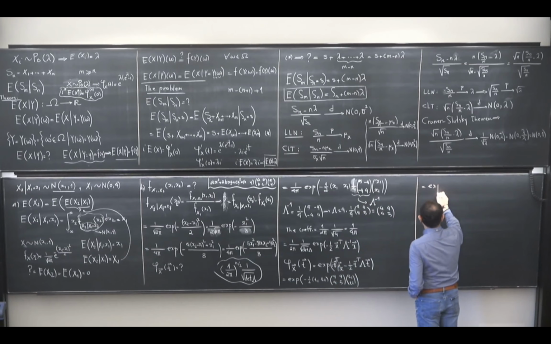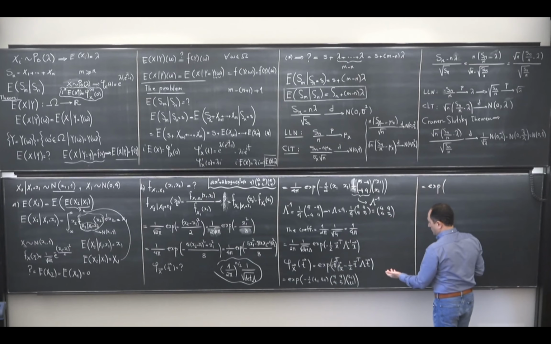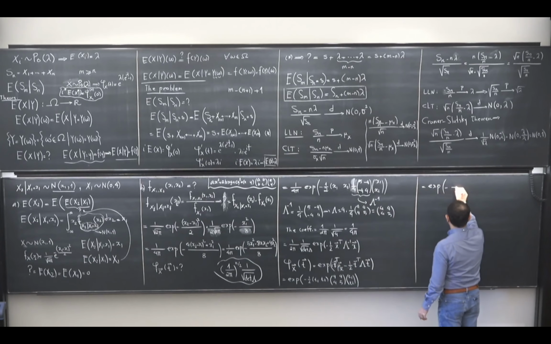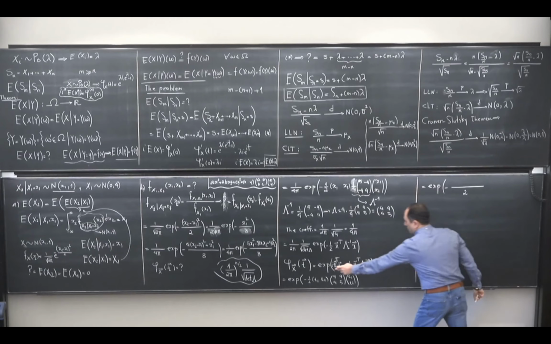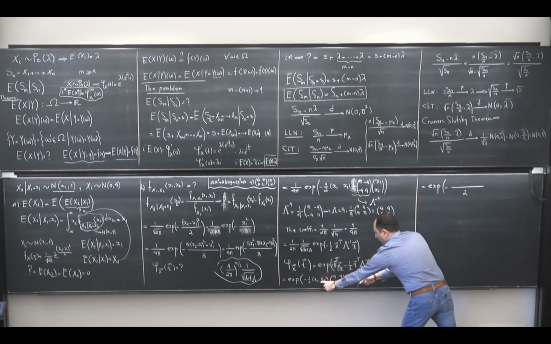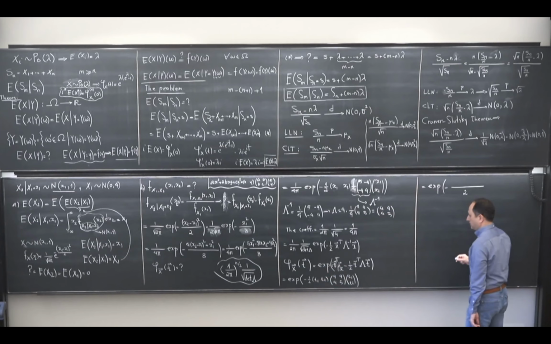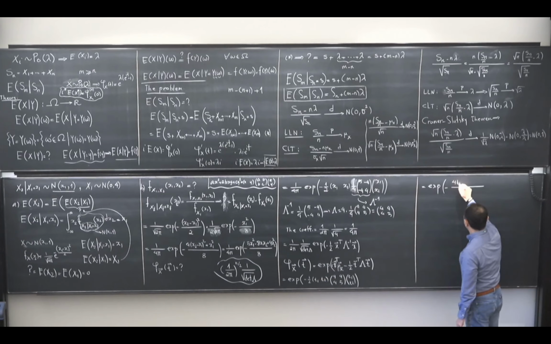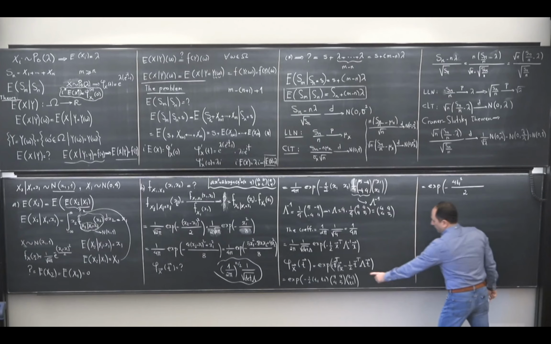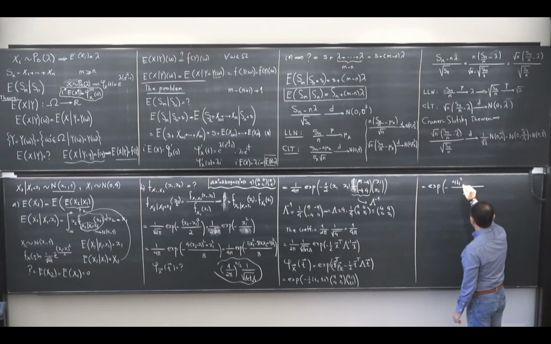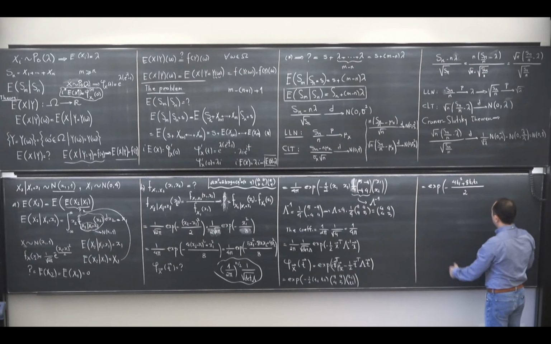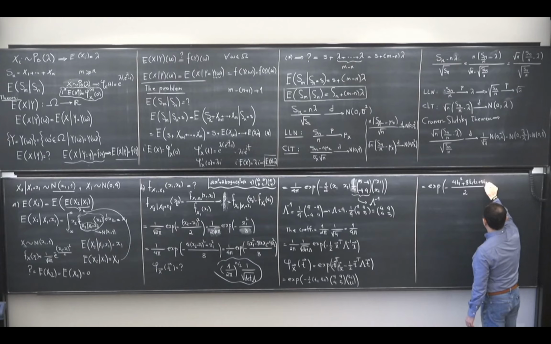So it becomes exponential minus 1 over 2 times 4 t1 squared, and then 2 times this coefficient, which is 8 t1 t2, and then finally 5 t2 squared.